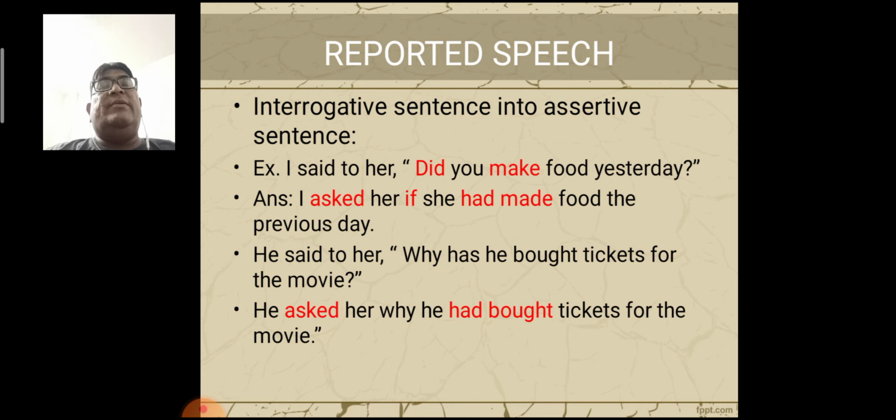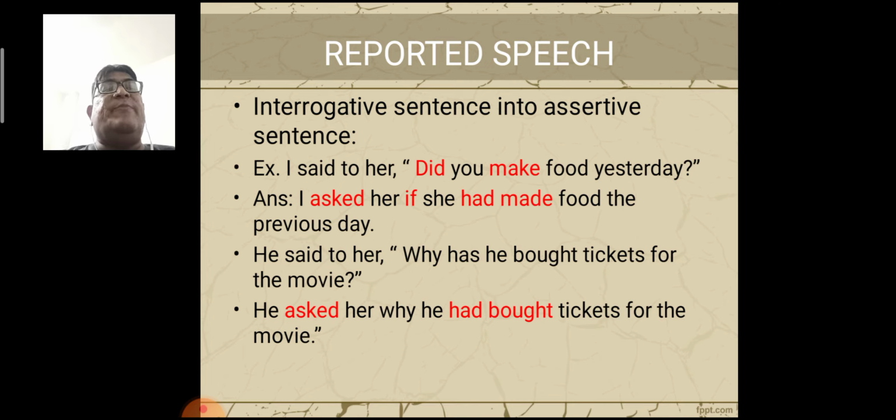Let's see examples. I said to her, "Did you make food yesterday?" Answer is said to into asked. I asked her if she had made food the previous day. Now let's see. In direct speech we can find double inverted comma.